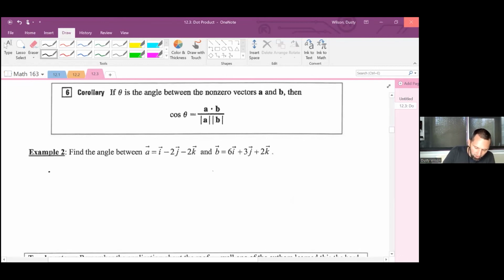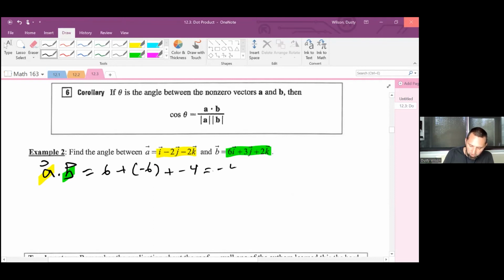A dot B is going to be equal to 1 times 6, or 6, plus negative 2 times 3, negative 6, plus negative 2 times 2, negative 4, which is a funny way of writing negative 4.